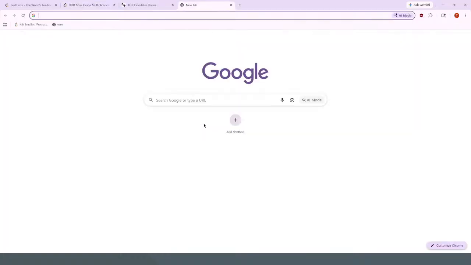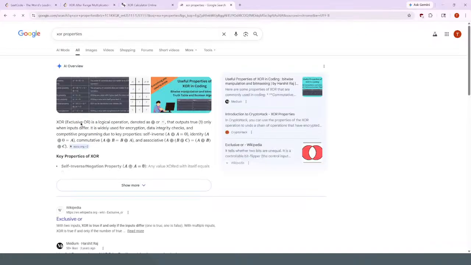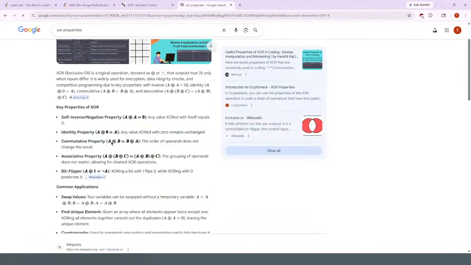Let me go ahead and just do XOR rules, properties. So there's an associative property: A XOR B XOR C, you can do whichever order of XOR. A XOR B is B XOR A, that's fine.